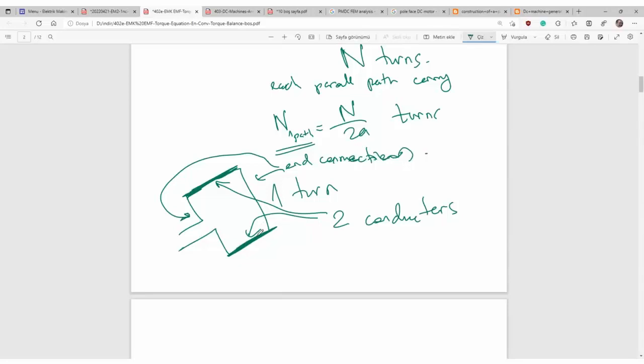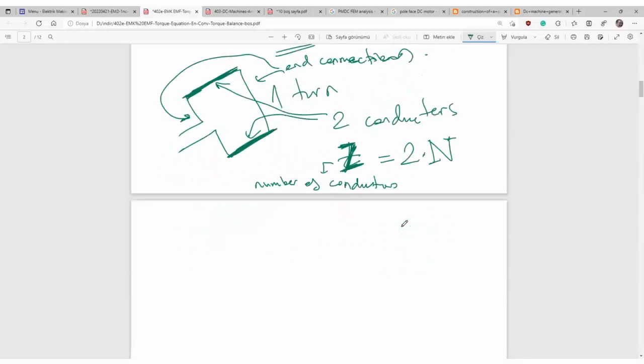So number of conductors are generally given by Z. Number of conductors will be equal to double the number of turns.